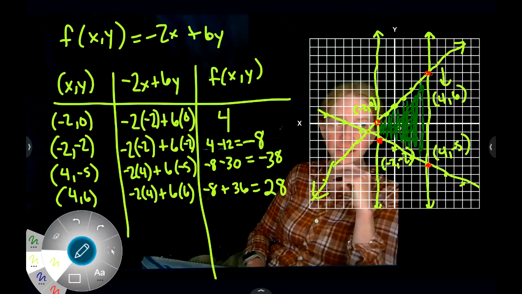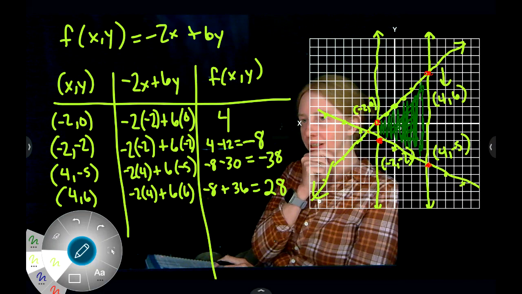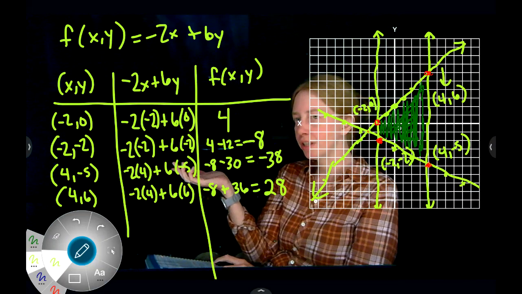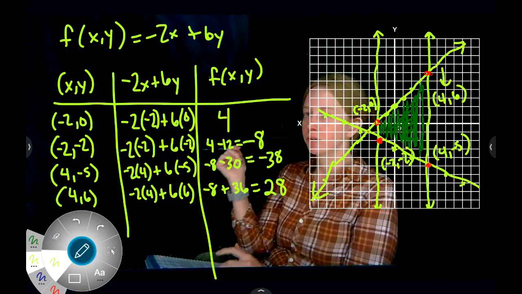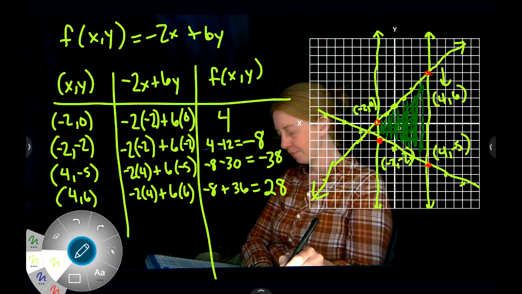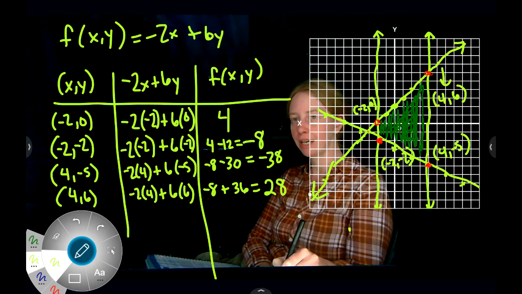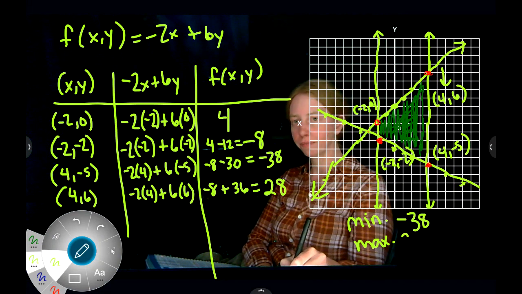Okay, so we've made our table by plugging in these different XY coordinates. And now the question is, what is our minimum and maximum? Our minimum is whatever the smallest number is, which is negative 38. Our max is the highest number, 28.